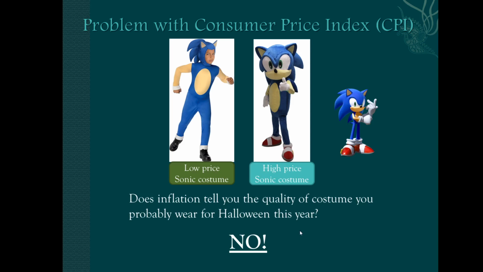So when you want to explain the problems you see in CPI, you can also talk about the quality that you are not able to observe from the index. There are so many problems. How many have we got?